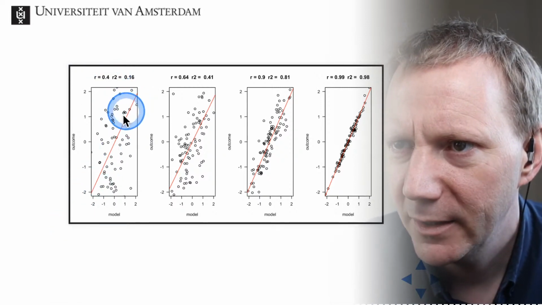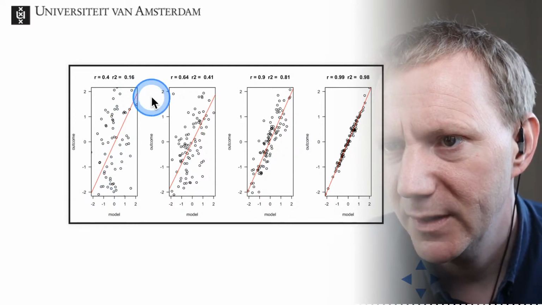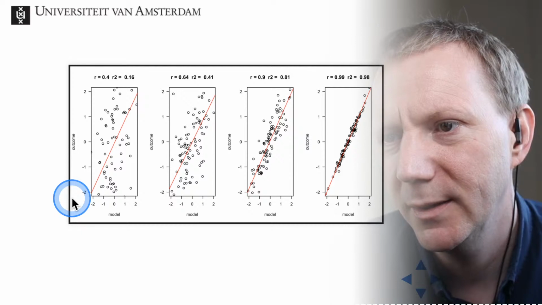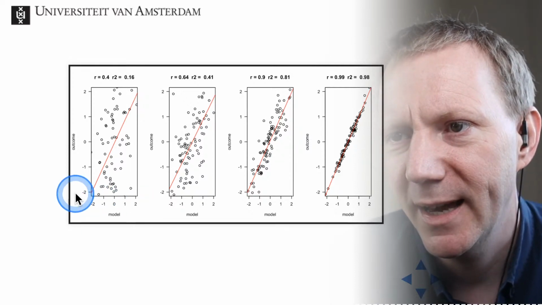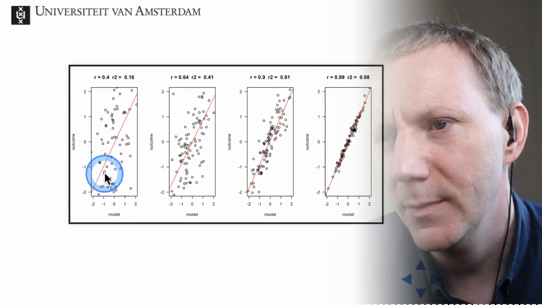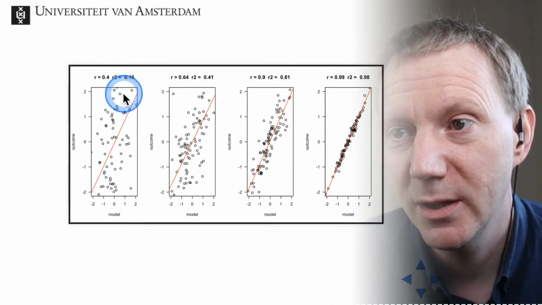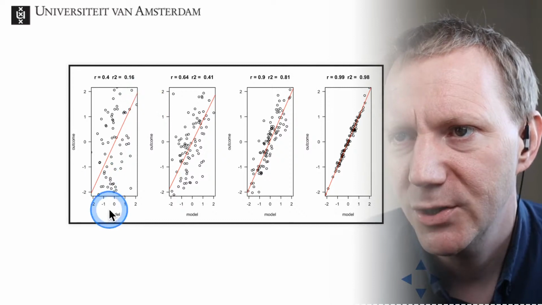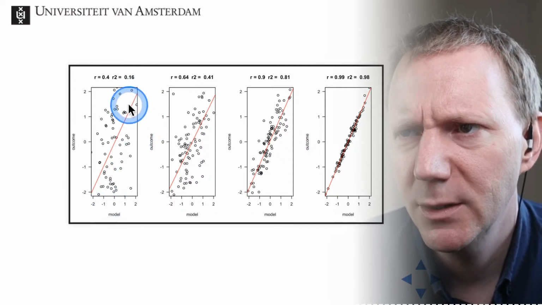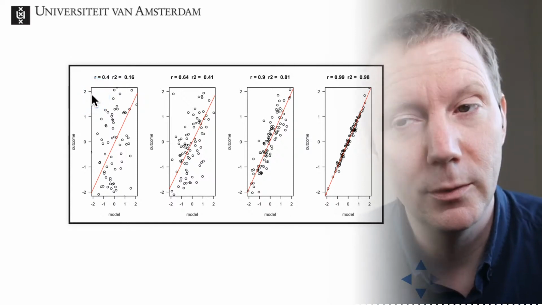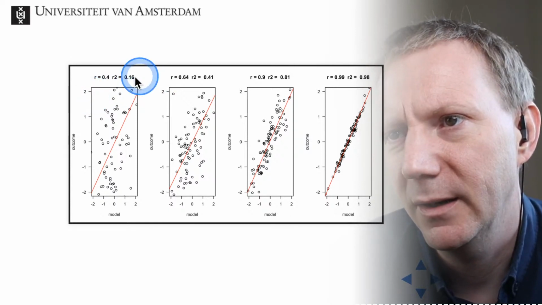The red line indicates a perfect fit, a perfect one-to-one relation between the model prediction and the actual outcome. And you see the spread here. It's quite large. So this is not really a very predictive model, and you can see that clearly.